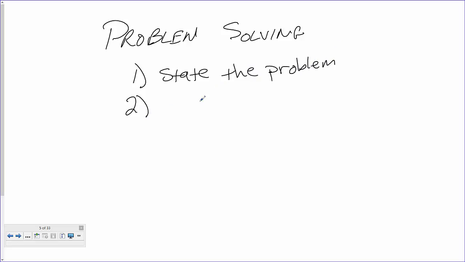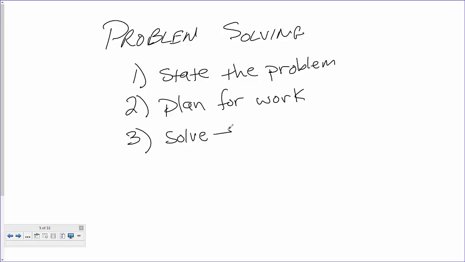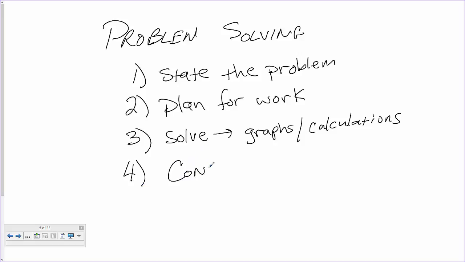And once you know what the problem is, then you can make a plan for the work you're going to do to solve it. A lot of people attack problems without even knowing what they are. They don't know what the question is. Once you do that, you're going to then solve. This is usually where we do things like make our graphs and our calculations in order to show all of the work and give everything ready to make a decision. And then the last thing is we draw that conclusion. That's typically the answer.